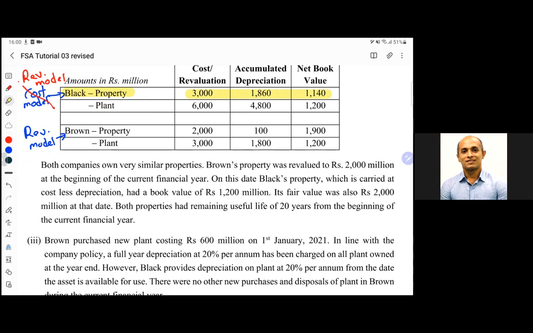But Black's property is at cost less depreciation. So you bring the revaluation model to Black's property.